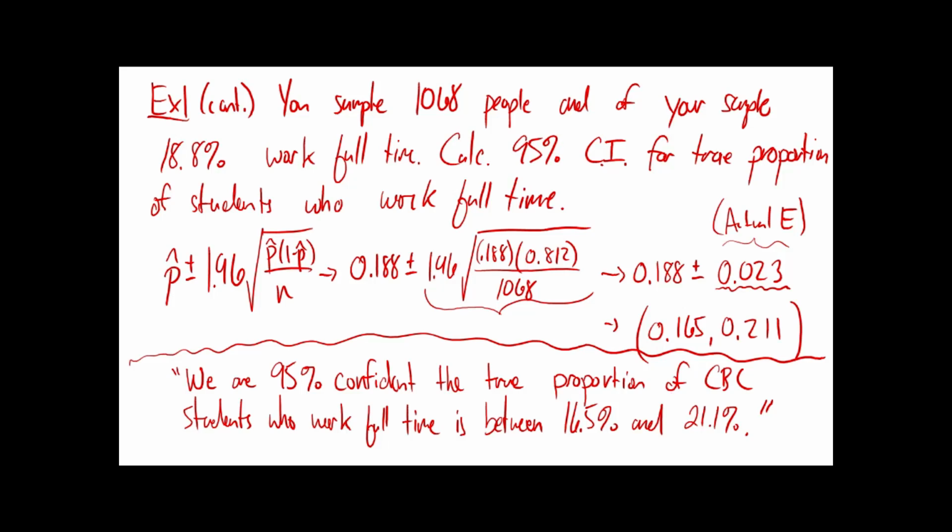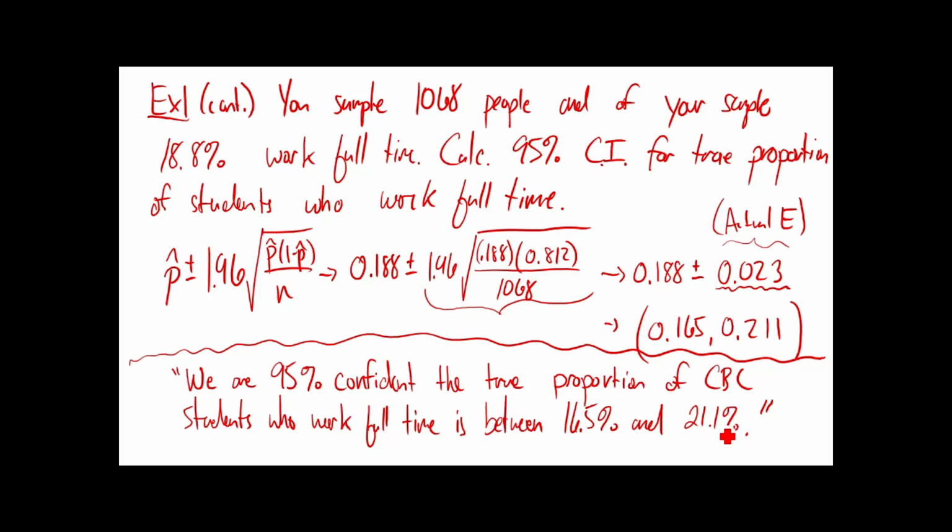Now, does this necessarily mean that the truth is definitely between those two values? No. The question was, if this were real, like say I actually did this, can I verifiably say that for sure the proportion of CBC people who work full time is between 16.5% and 21.1%?